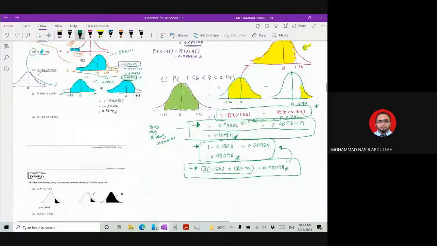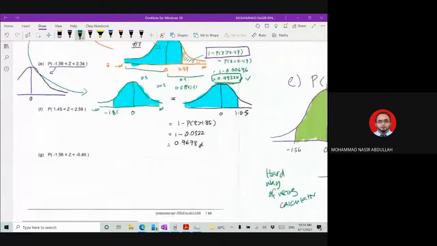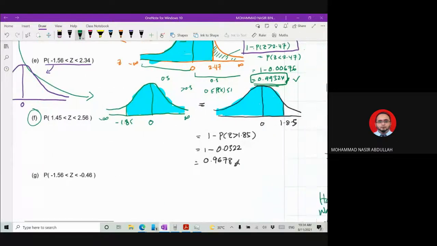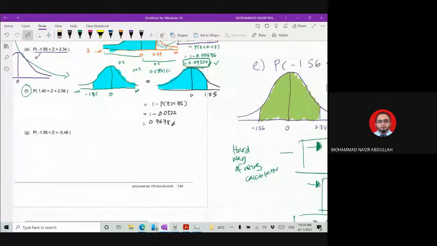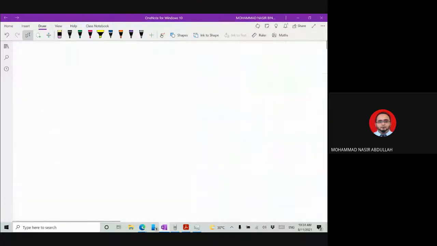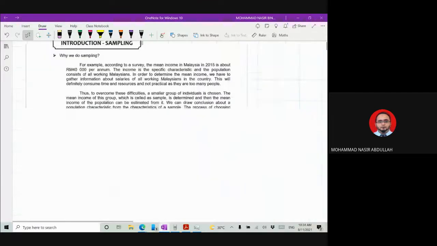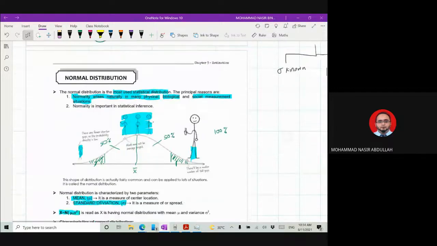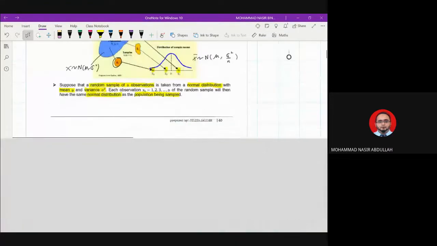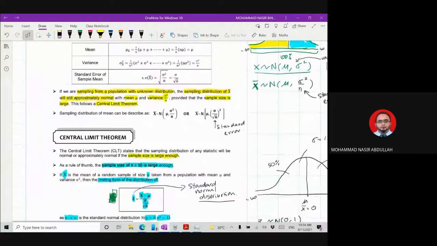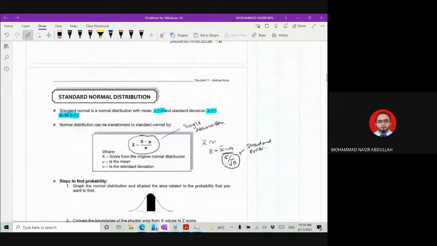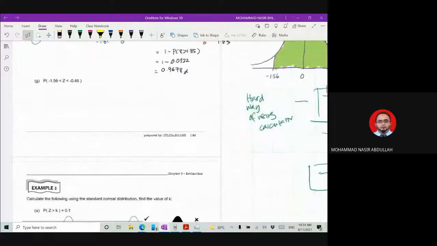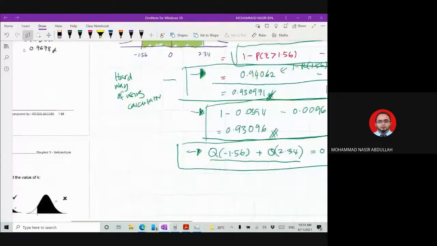So this is E, right? So let's look at F, which is 1.45 and 2.56.